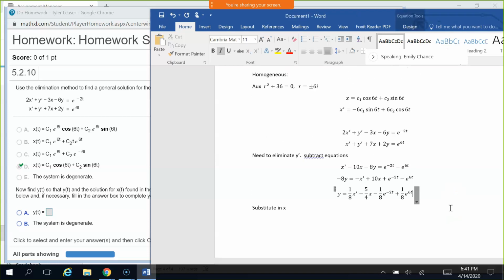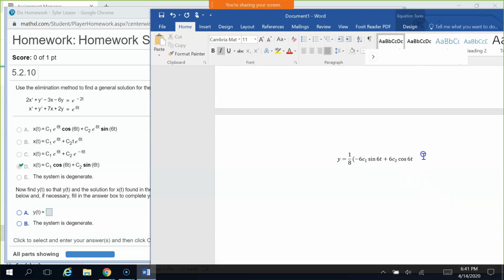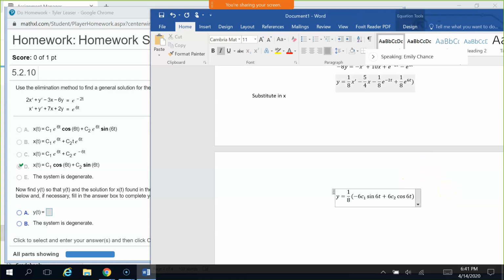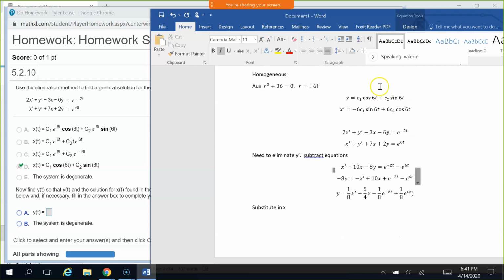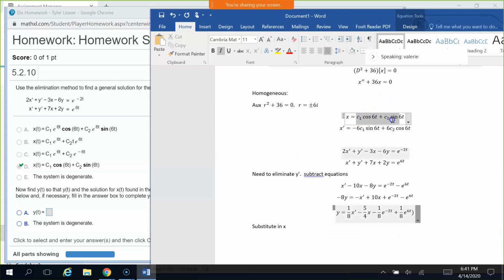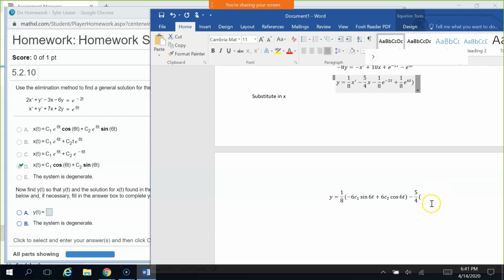And that's going to be minus 5/4 times the function itself. I know I'm cheating a little bit, copy pasting. Yeah. And then minus 1/8 e to the negative 2t plus 1/8 e to the 6t.